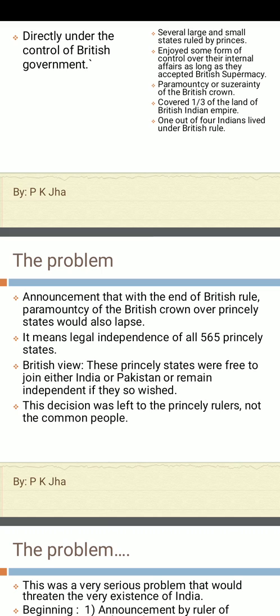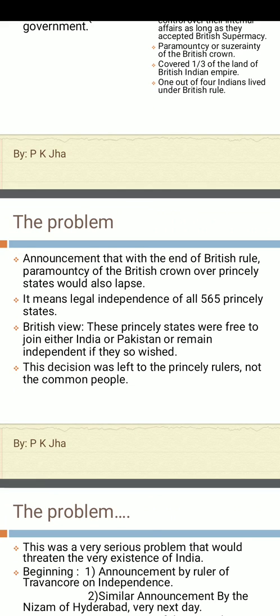And if they decide on their independence, then the British government had no objection, because by that time they had nothing to do, in fact, but they made this arrangement, and it really caused trouble for us. This decision was left to the princely rulers, not the common people.